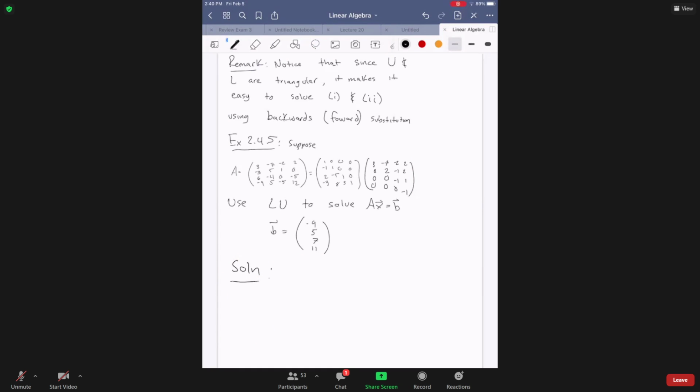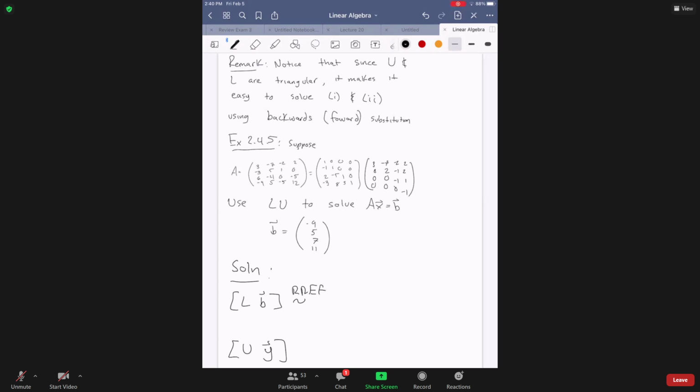What you do is you can do one of two things. Use that substitution stuff I was talking about, or just adjoin each one, right? So adjoin L with B, and U with Y, and RREF both of them, right?